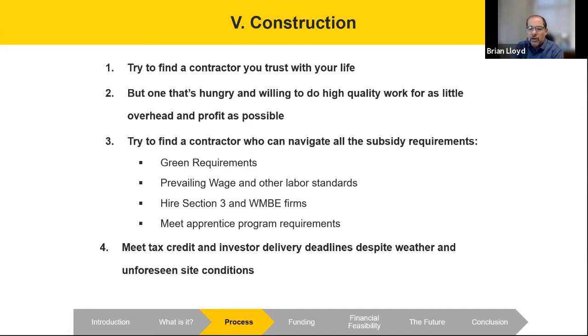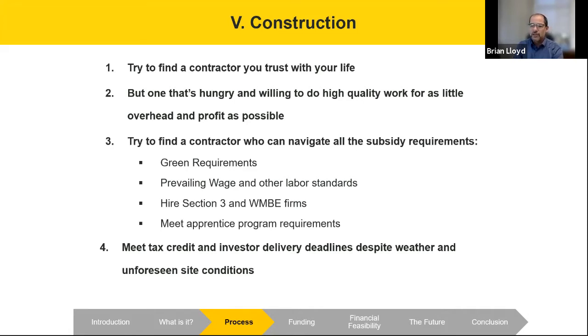So it's where all the risk is. It's where the project can either succeed or fail. So you want to find a contractor that you really trust, hopefully one that's hungry and willing to do the work at a reasonable price.